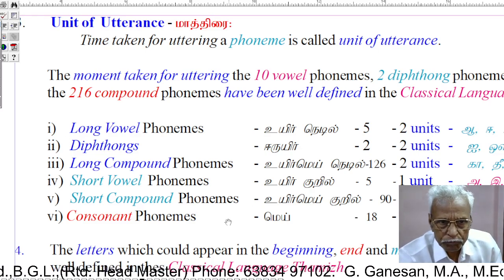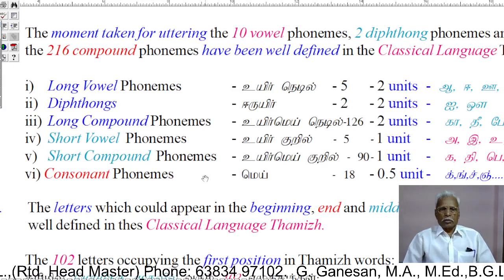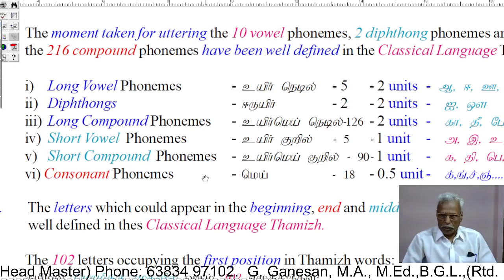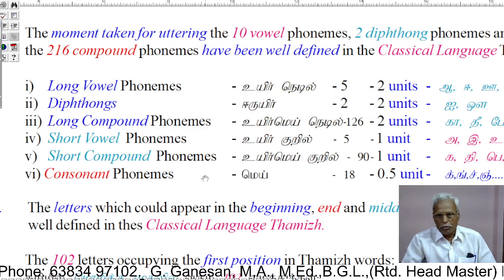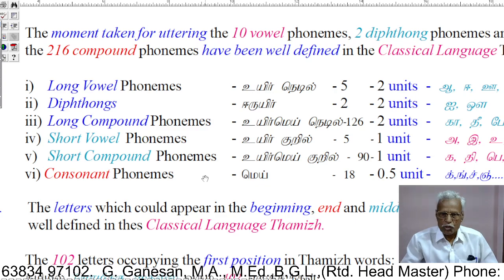The time taken for uttering the 10 vowel phonemes, 2 diphthong phonemes, 18 consonant phonemes and 216 compound phonemes has been well defined in the classical language Tamil.